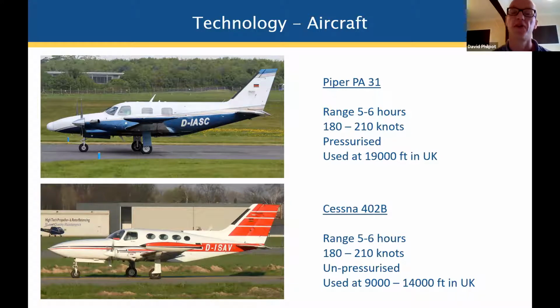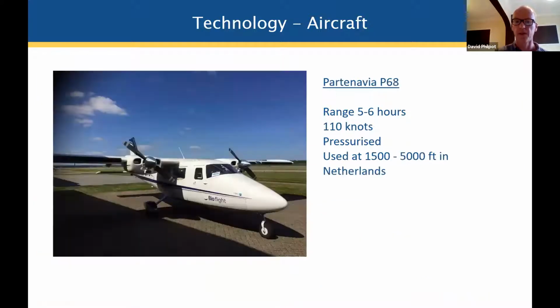If you're up at 19,000 feet, you're going to need a pressurized aircraft, or you're going to have a crew on oxygen. So pressurized is much more preferable. Generally, for a lot of our work, the cruising rate is about 180 knots. So again, in choosing your aircraft, you're going to need to know what your requirements of the project are. So some projects have very specific requirements, might need a different aircraft.